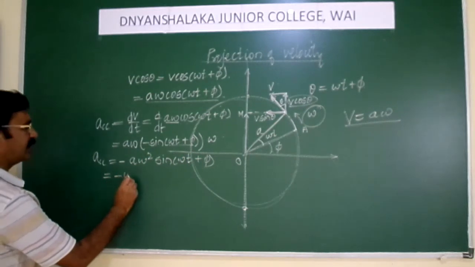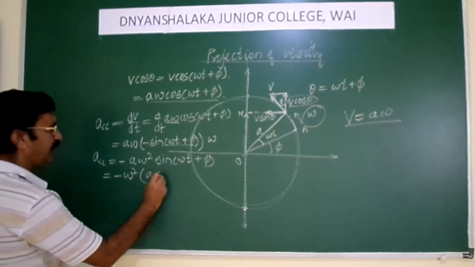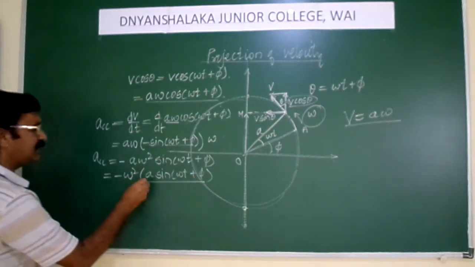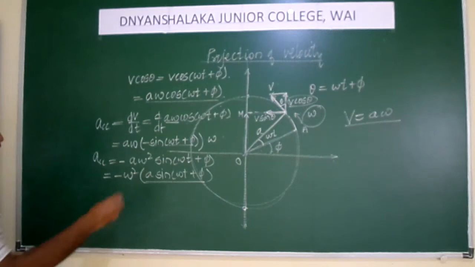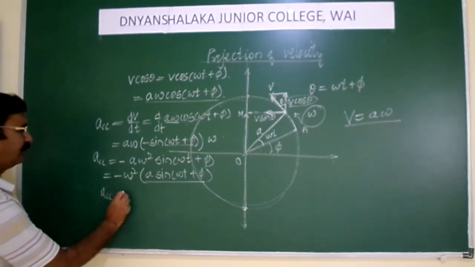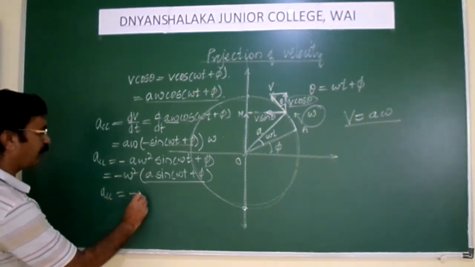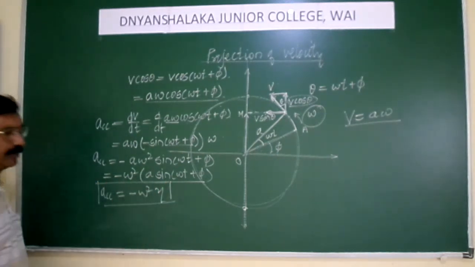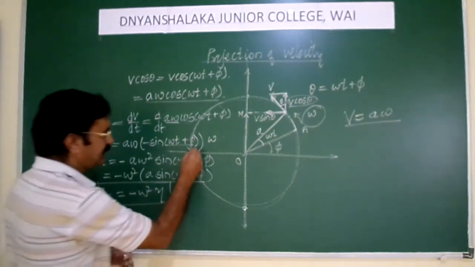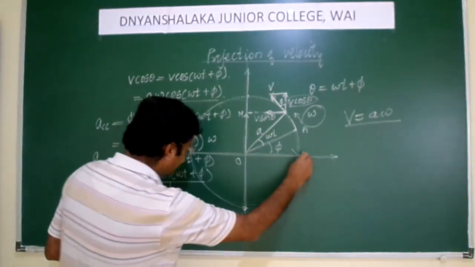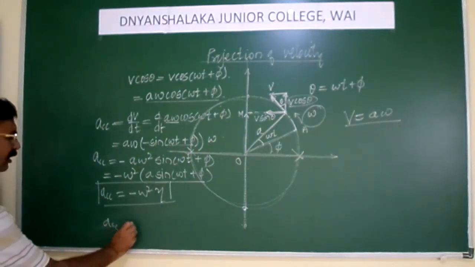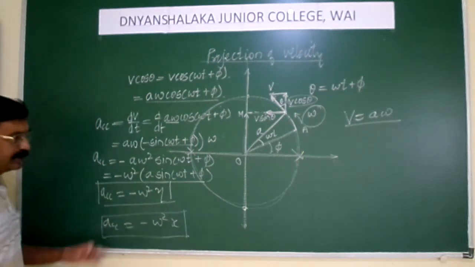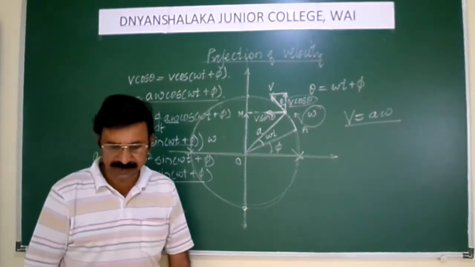So we can express this as minus omega square into a sine of omega t plus phi. But this is nothing but the displacement in SHM, and so acceleration will be equal to minus omega square y. When we take the same relationship along the x-axis, the acceleration is given as minus omega square x, depending upon how we are taking the path of the SHM.